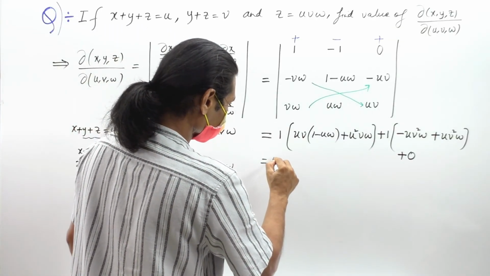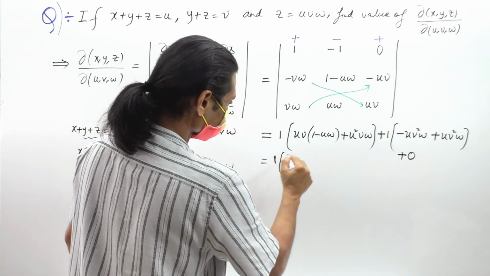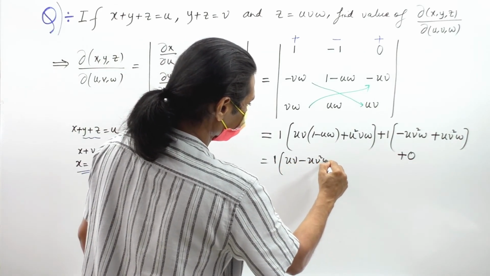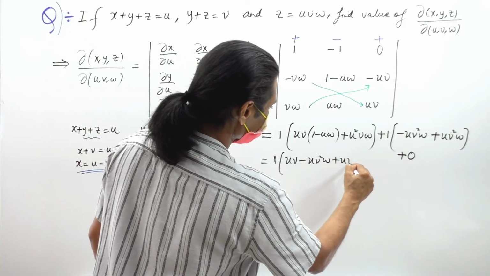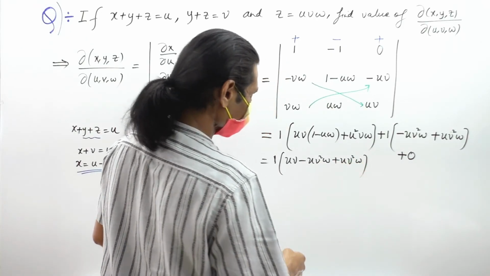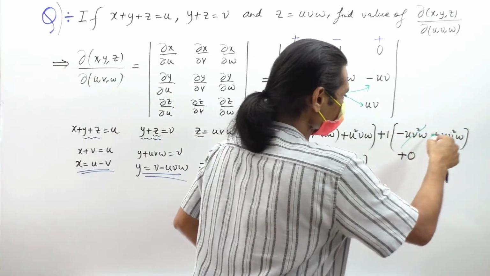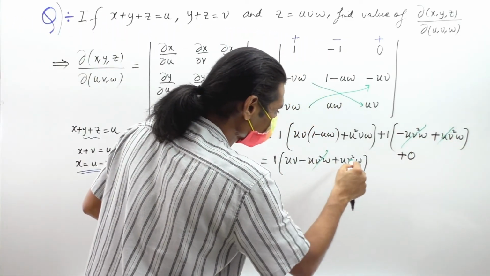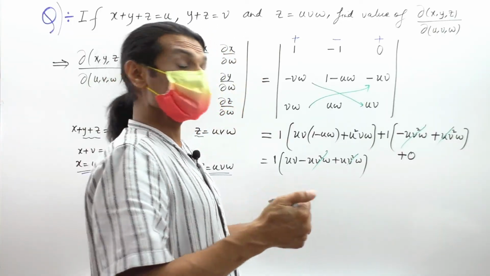So we have 1 into uv minus u v square w plus u v square w, and this obviously cancels. U v square w plus u v square w is 0, and here also it is 0.